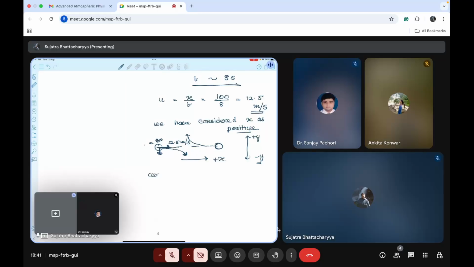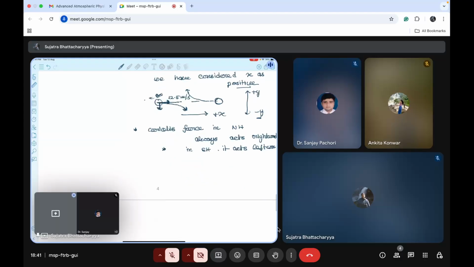This needs to be remembered: the Coriolis force in the northern hemisphere always acts rightward, and in the southern hemisphere it acts leftward. This is very important. You can see it through mathematics also, but this you must remember.